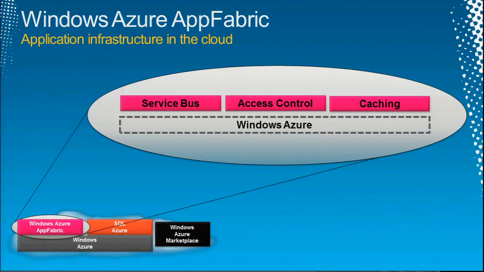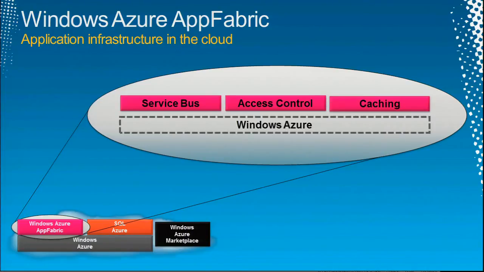Now, it turns out some of these, Service Bus and Access Control, don't have analogies on premises, but caching does. Other things do as well. Microsoft tells us that going forward, they will do things cloud first. They'll build in the cloud first, then on premises. And we're seeing that already, which is really interesting. So let's walk through these three things.